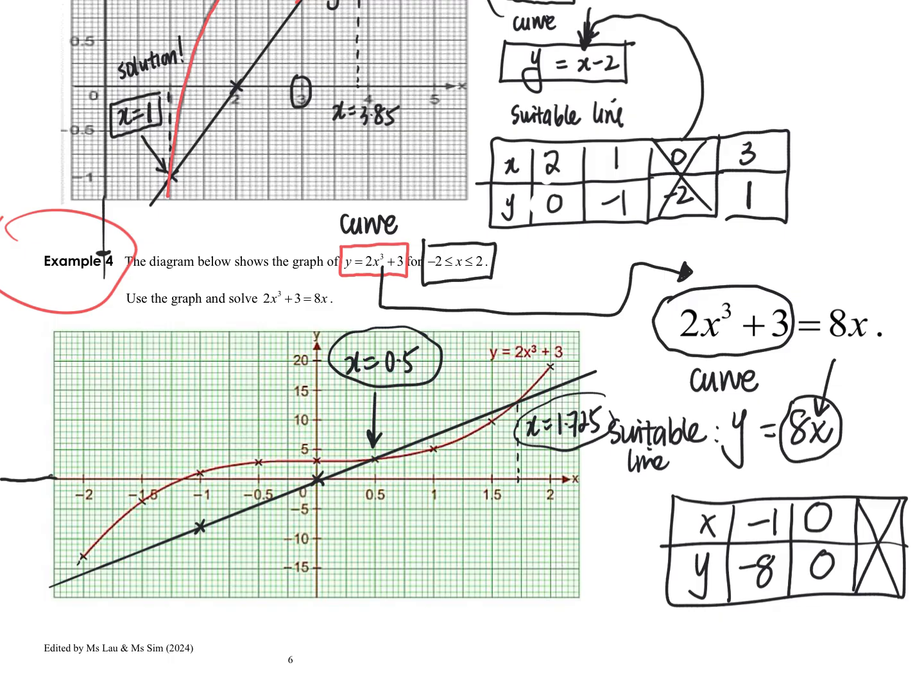I think we will accept the range. Yes. 6 is 2 off, because every 2 boxes is 0.1, so this is 1.6. This is 1.7 already. Yeah, so 2 off. Yeah, too far off.